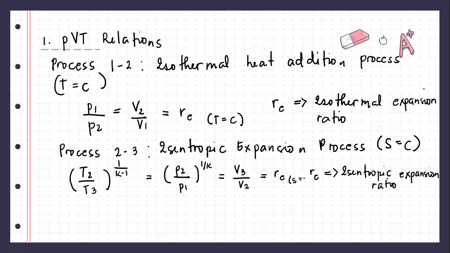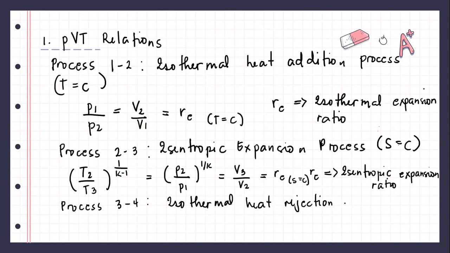Entropy is constant. Okay. Now for the process 3 to 4, isothermal heat rejection process, temperature is constant.